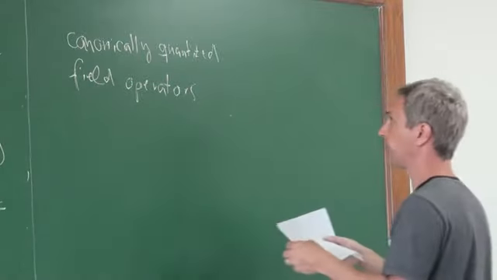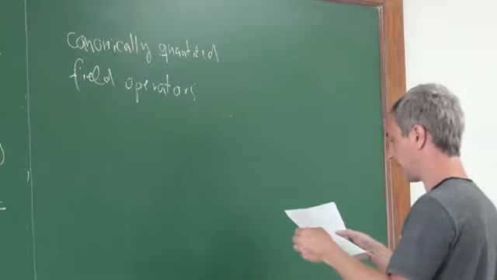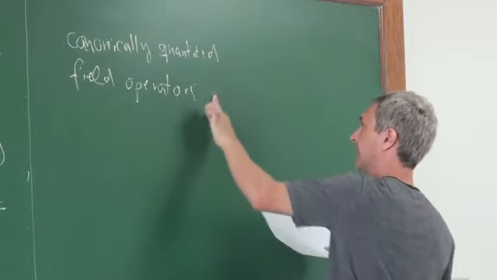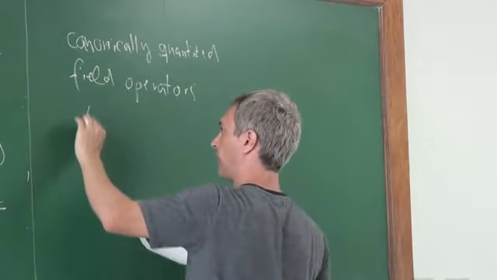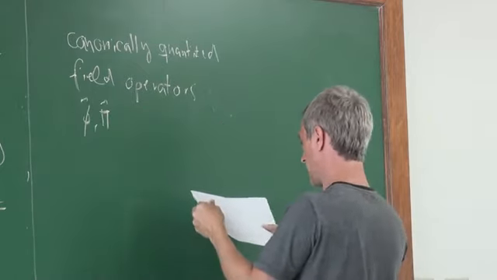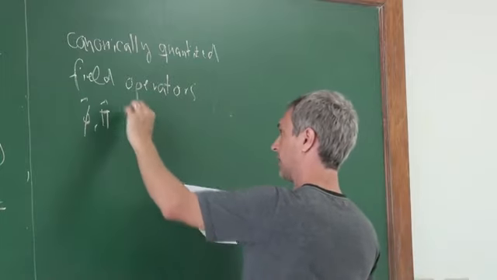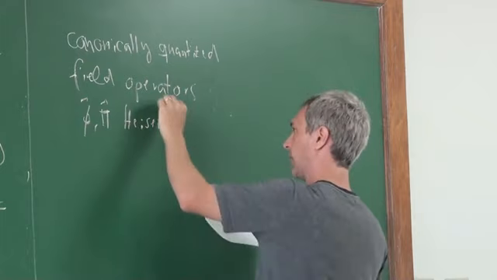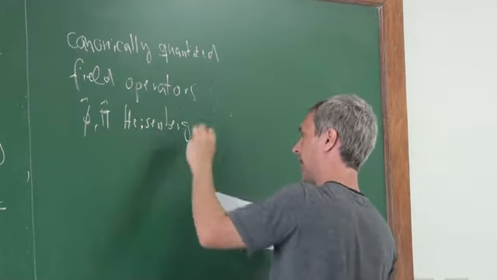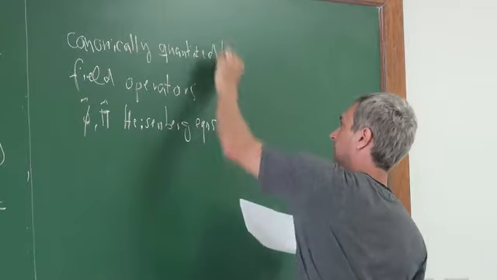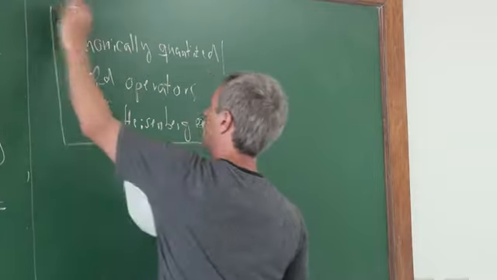Here you can introduce canonically quantized field operators, which would be some operator phi, some conjugate operator pi, and you can then study the Heisenberg equations for the time evolution.